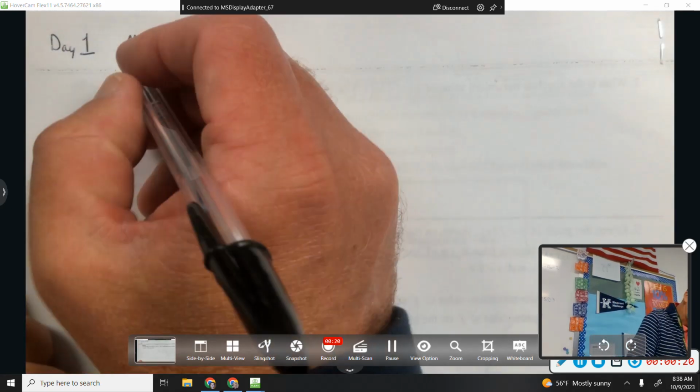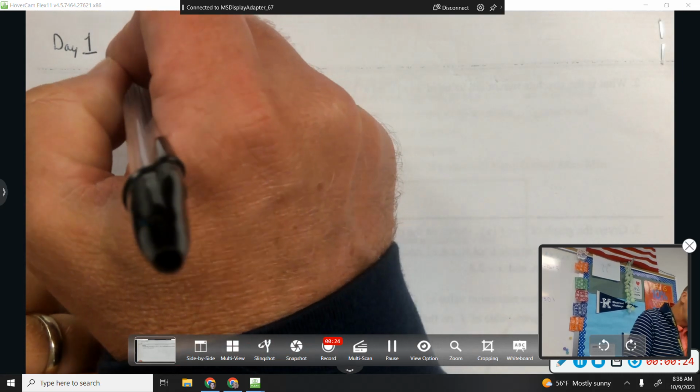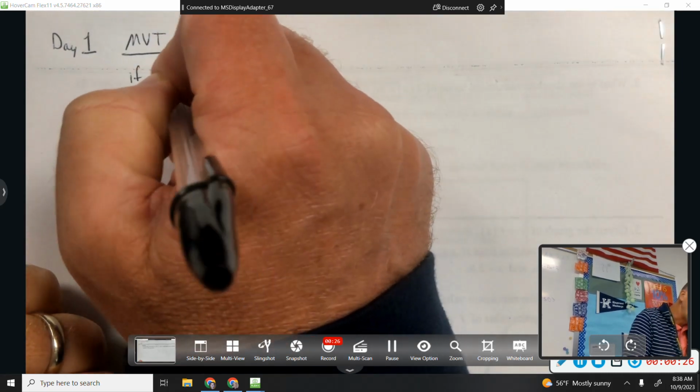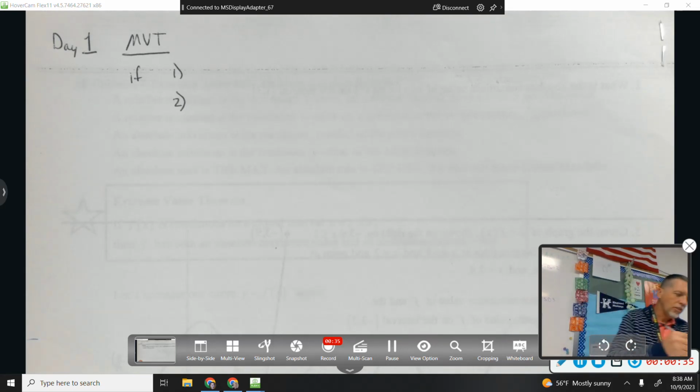Now that's the conclusion to the mean value theorem. Let's build up to it, meaning there's two conditions that have to be met before you can conclude that calculus slope equals algebra slope. Continuous and differentiable.